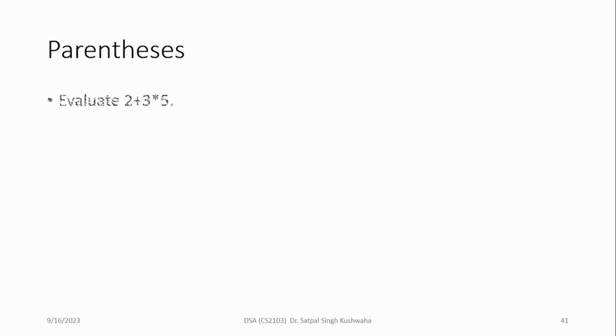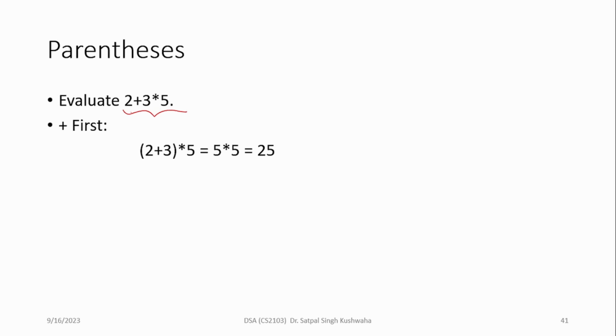Now, what are the different things we need to consider when evaluating an infix expression? Suppose I have the expression 2 plus 3 multiply 5. In this infix expression I have three operands, 2, 3, 5, and two operators, plus and multiply.